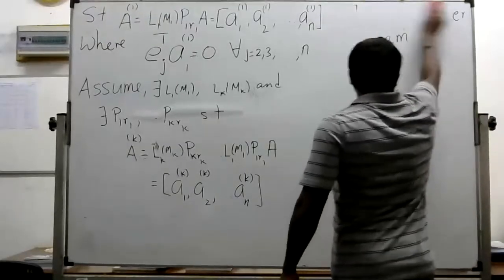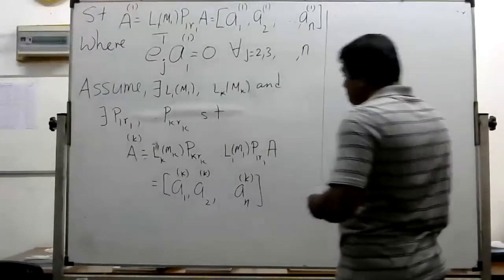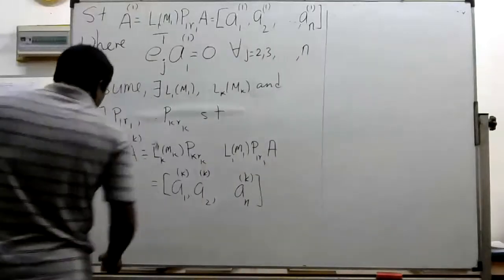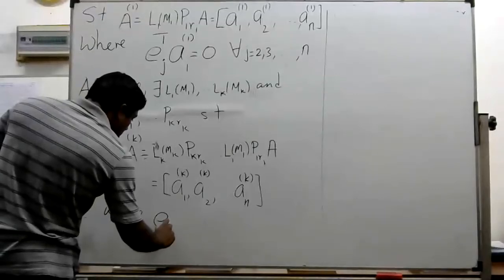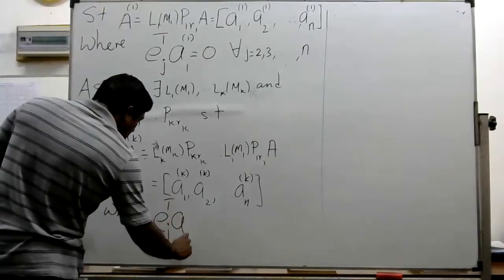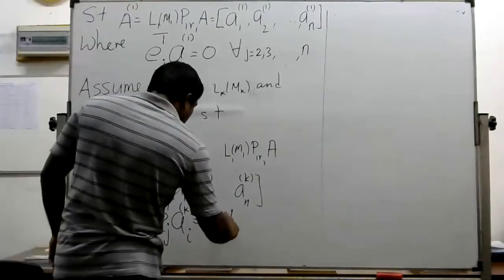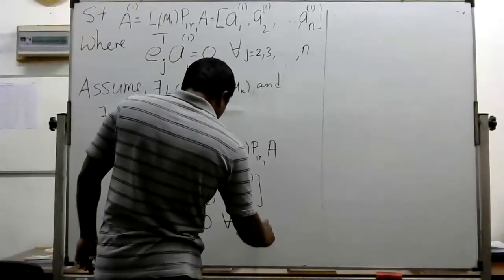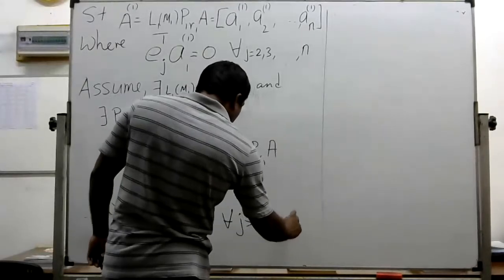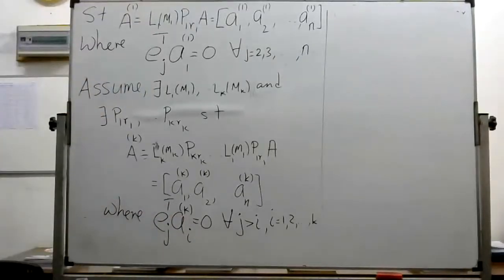first k columns. And for the first k columns, every component below the diagonal is 0.